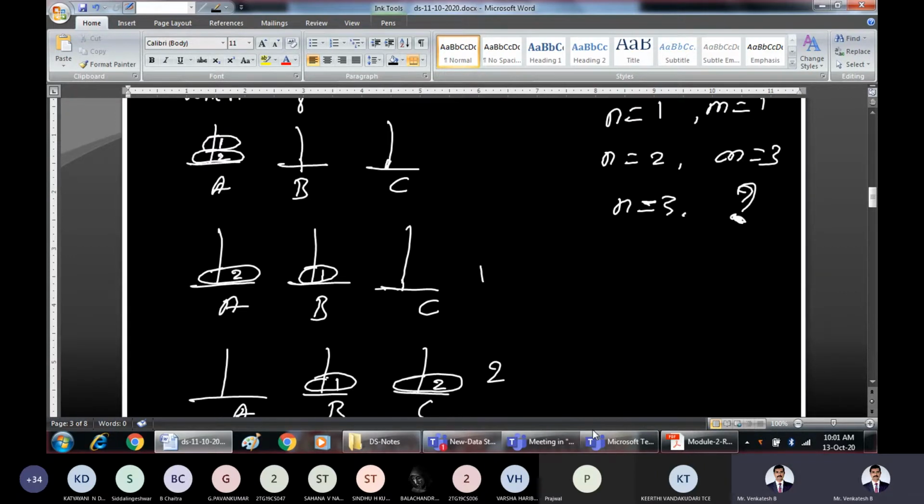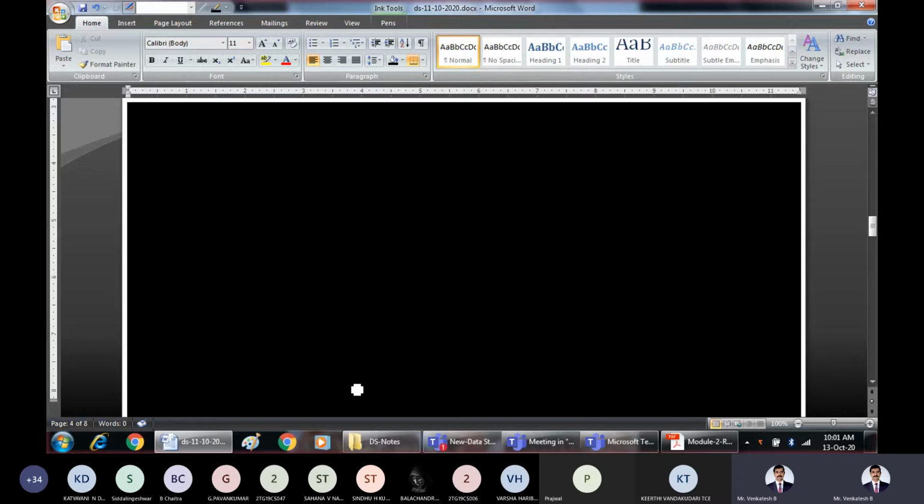Yes, n equal to 5 is one solution. Any other solutions from your side? Someone is claiming that for this scenario the number of moves is 5. This is disk A, and pole A, pole B, and pole C. Right?